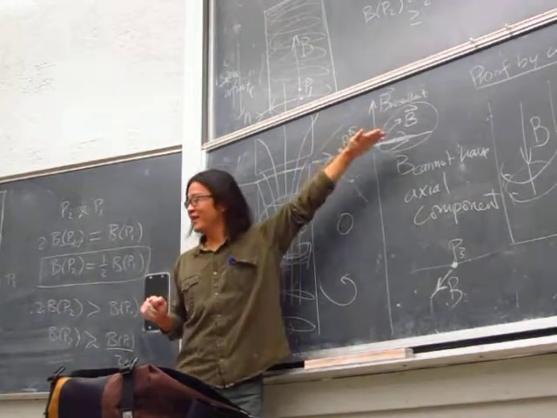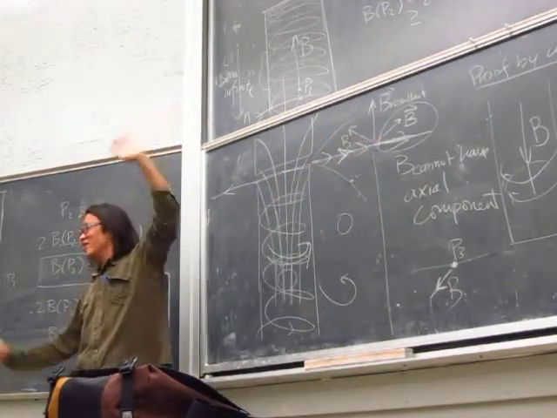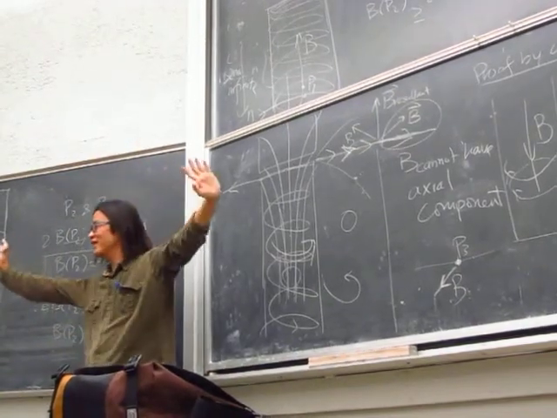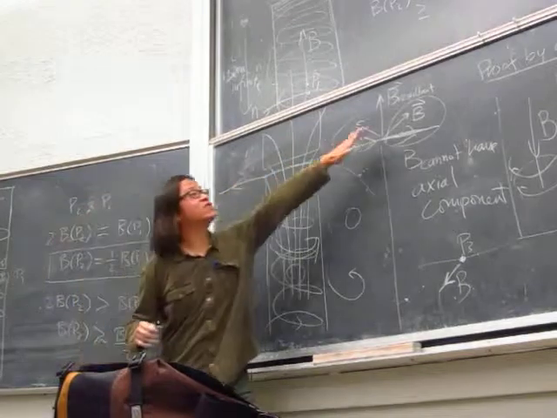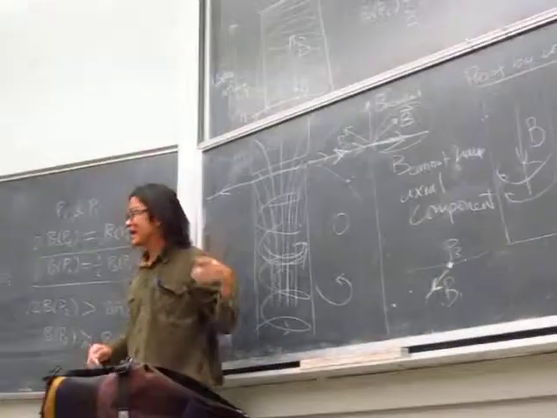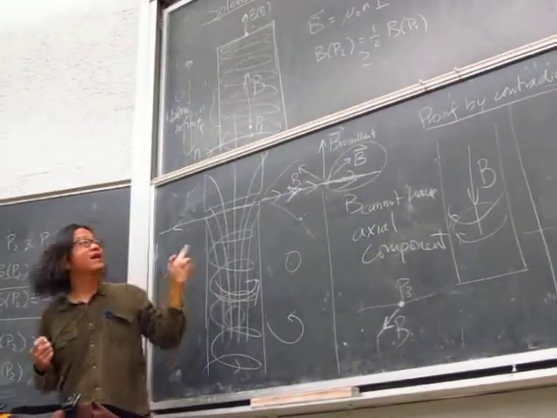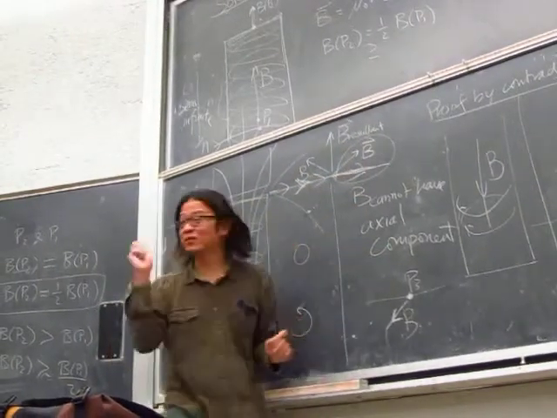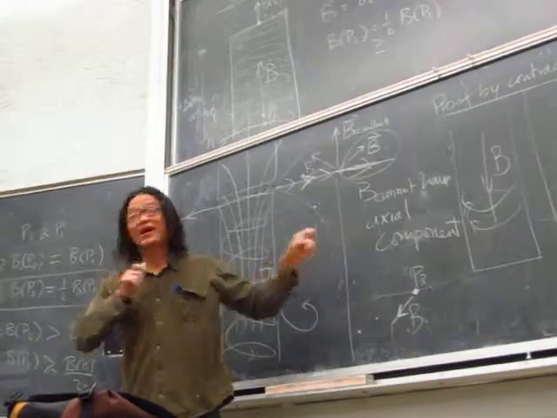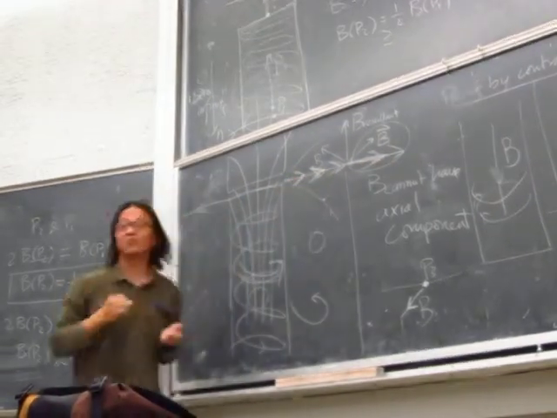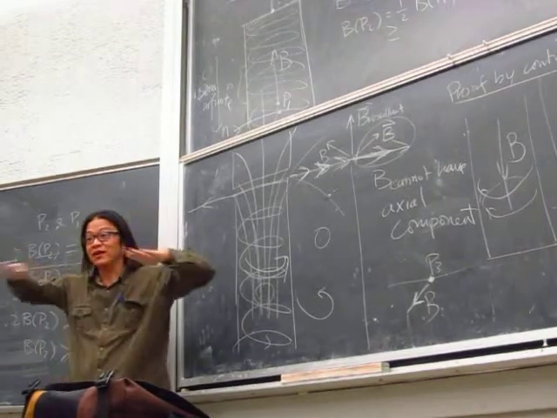In an infinite solenoid, the B field is completely confined to the flux tube. There is nothing outside. So I used that to prove by contradiction that there cannot be any axial component. Oh, because you constructed an infinite one. Yes, I constructed an infinite one, and that shows that there is no axial B field outside. Therefore, if there is a B field, then it has to be radially upward.